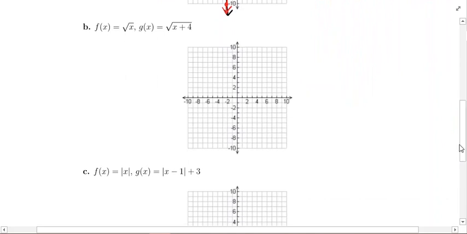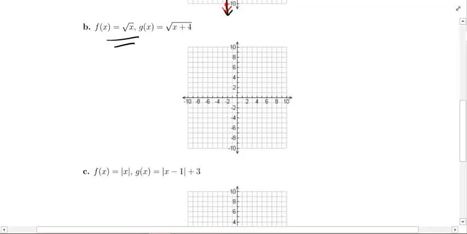In part B, the original basic function is f of x is equal to the square root of x. The transformed graph is the square root of x plus 4. We will start in black. I will put the original graph. Again, you learned this in section 3.4. You've got to know the key points on the graph of the square root of x.